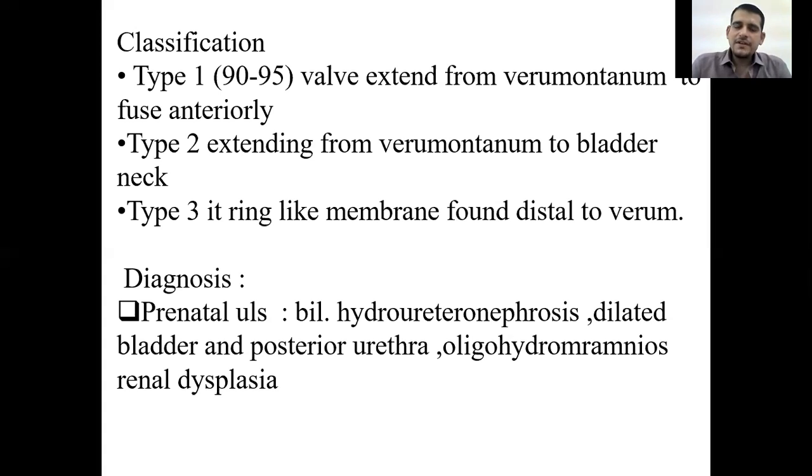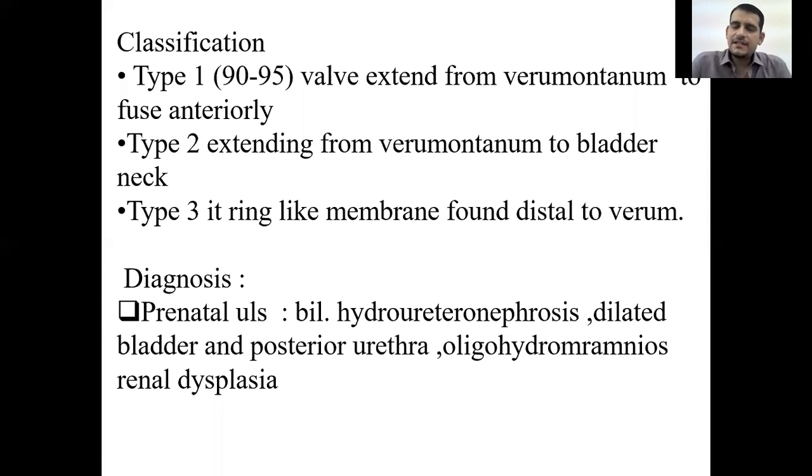There are three types of the posterior urethral valve. Type 1 is 90 to 95%: the valve extends from the verumontanum from both sides and then fuses anteriorly.